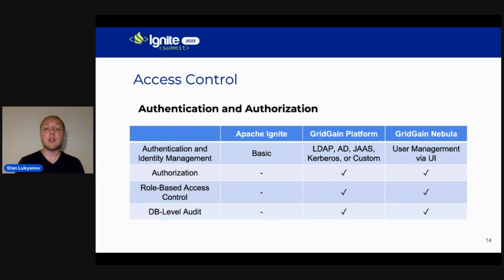Some of these integrations come out of the box, and then there is an extension point that allows you to easily build an additional integration. If you have another identity provider, you can also build this additional identity provider integration.